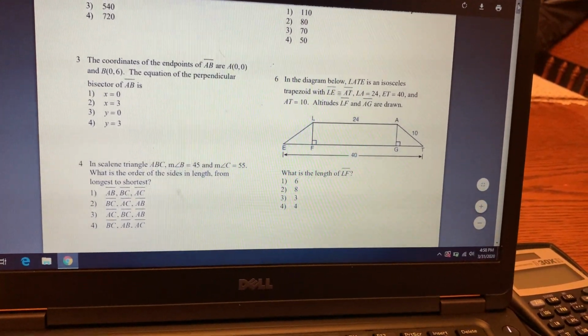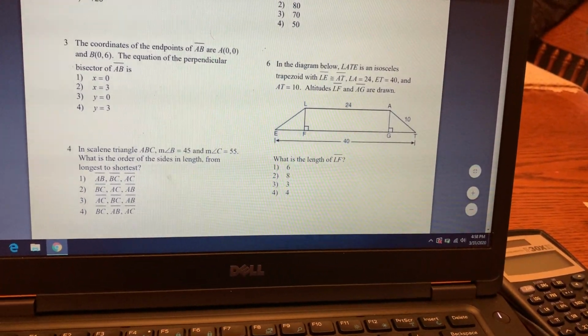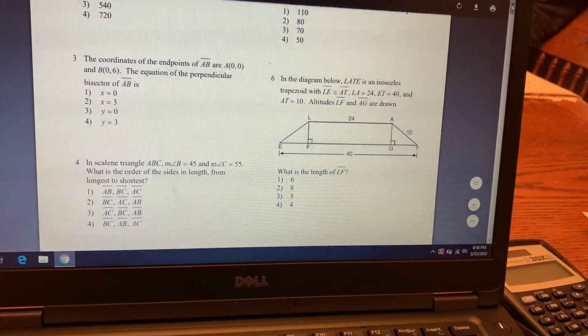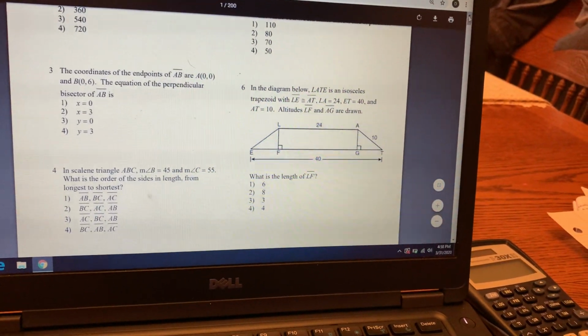So, again, trapezoids we didn't really cover, but you pretty much have all the information you need here. Let me draw this out again. I'll do the kickstand so you're not seeing black for a second.